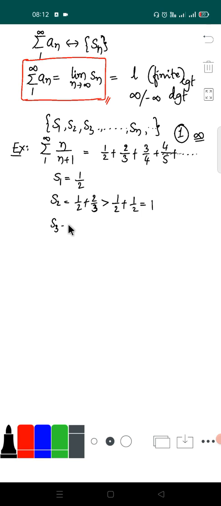Similarly, S3 is 1 by 2 plus 2 by 3 plus 3 by 4, which is greater than 1 by 2, 1 by 2, 1 by 2, that is 3 by 2.